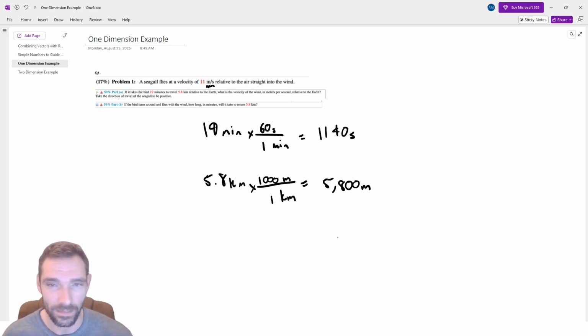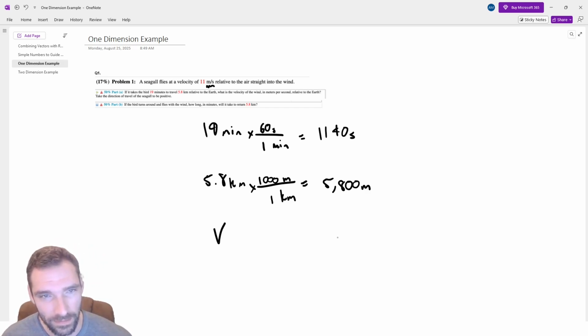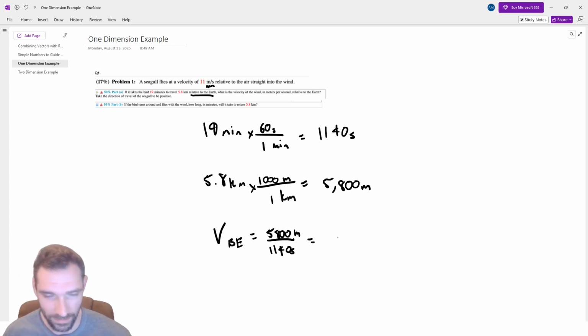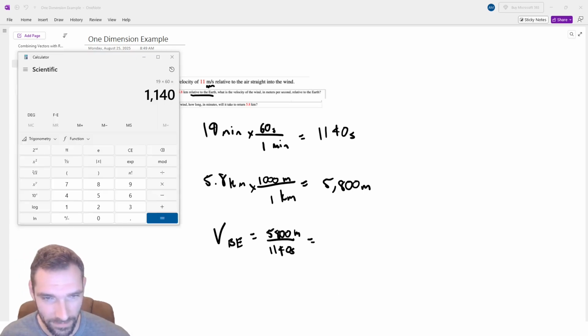So if we have that, now we can say, if it takes them that far to go relative to the Earth, this is the bird relative to Earth vector, which is that distance over that time. So you want to make sure you're combining the correct numbers to get your velocities, and having good notation is really, really important.